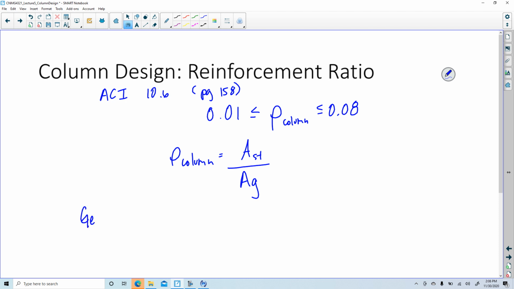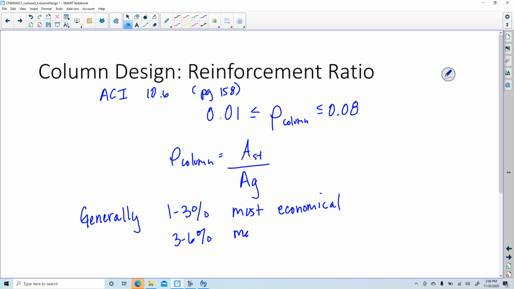For rules of thumb, generally 1 to 3%, so 0.01 to 0.03 is your most economical, and 3 to 6% is your maximum to allow for splicing, lap splices of reinforcement.